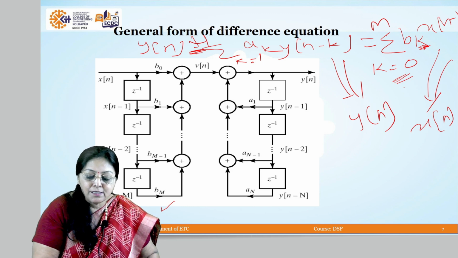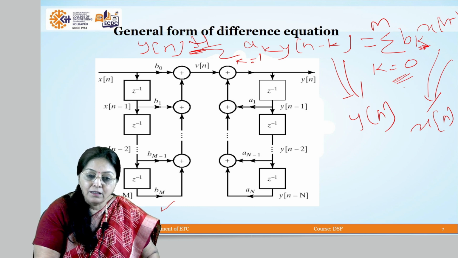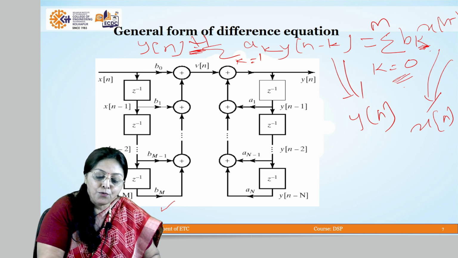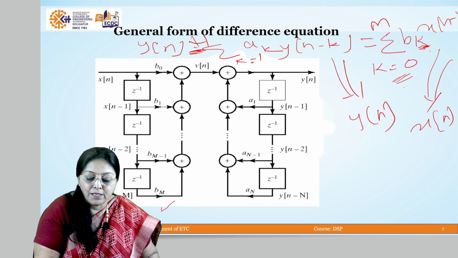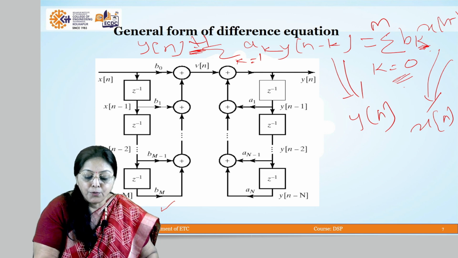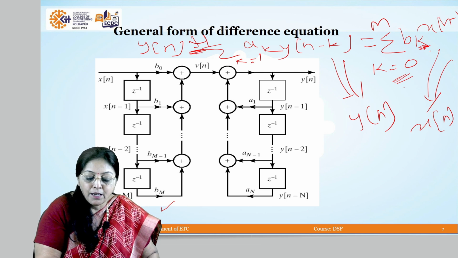Likewise, this is related to the input x of n on the right side of the equation. Now we focus on the left side of the equation, where y of n is the output. We are using a of k, y of n minus k.